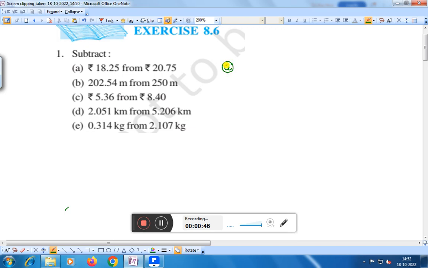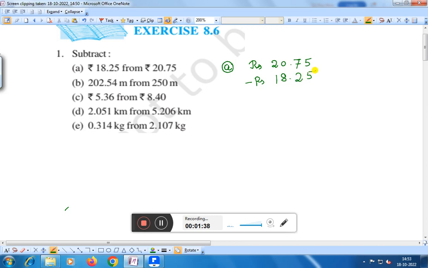The question is subtract rupees 18.25 from rupees 20.75. Rupees 20.75 minus rupees 18.25.